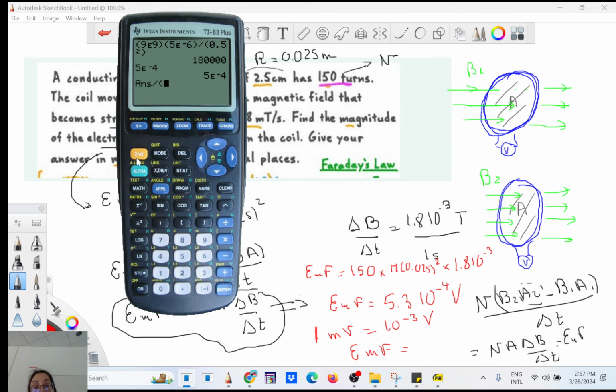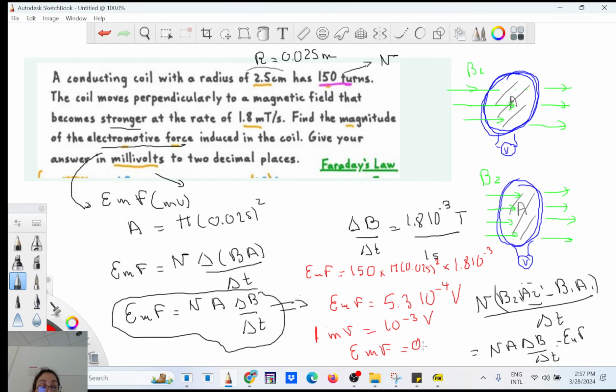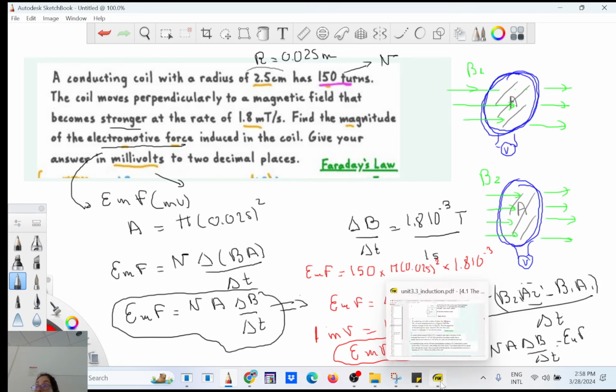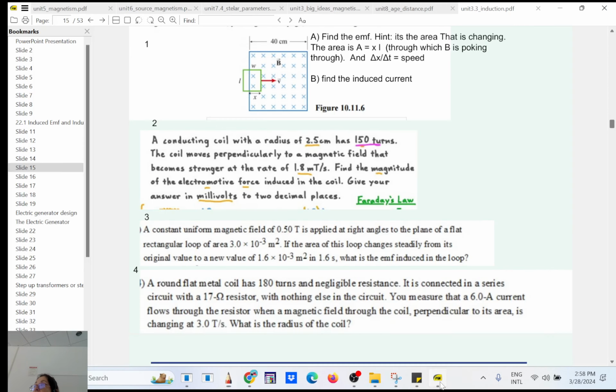How many millivolts go into it? So I divide by 10 to the negative 3. It's going to be 0.5, 0.53 millivolt. So you convert, right? 1 millivolt is, milli means 10 to the negative 3. Okay? So in millivolt, you cross multiply, divide. Okay? Is that clear? Everyone is good?